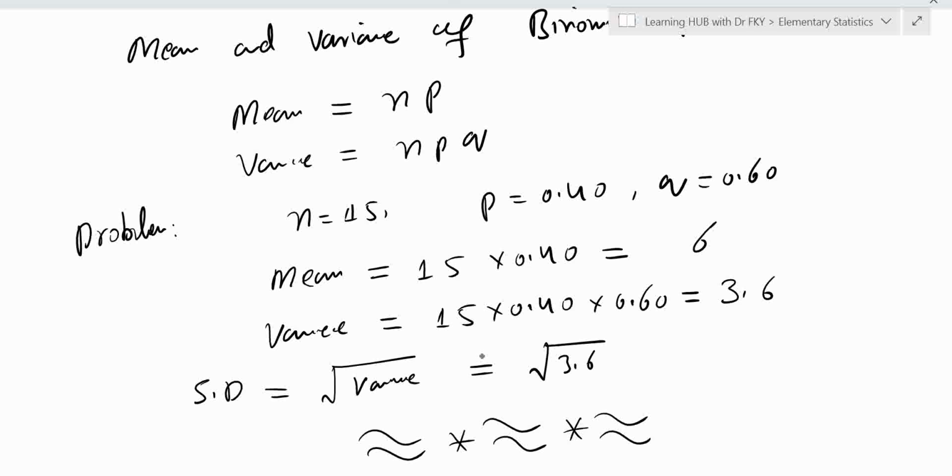For that, you need to check these four characteristics of the binomial distribution in those specific problems. And at the end, we learned the mean of the binomial distribution and the variance or standard deviation of the binomial distribution. And then we solved the problem to understand what they mean. So this was all about the binomial probability distribution. Thank you very much for watching and see you in the next video.